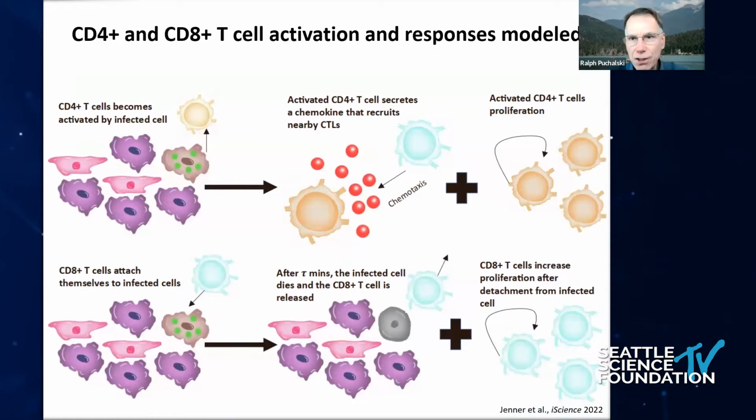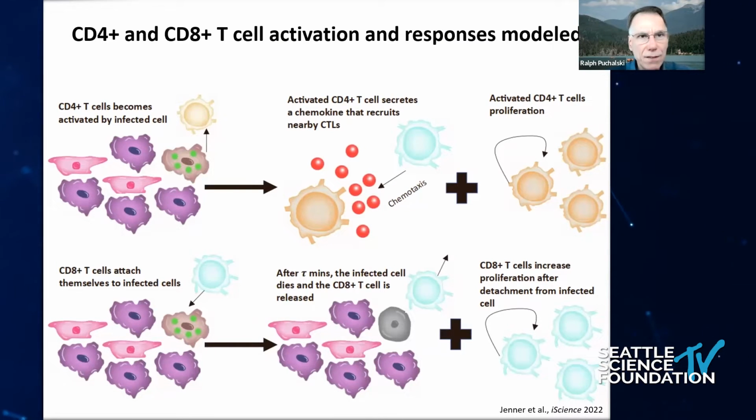So this schematic shows how the CD4 positive and CD8 positive T cells were activated and the responses that we end up modeling. So, for example, in this first panel, the CD4 T cells become activated by the infected cells.